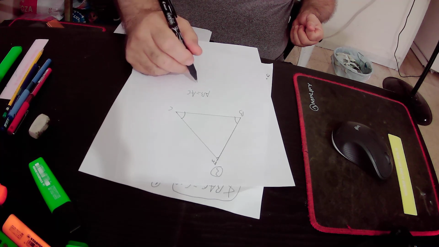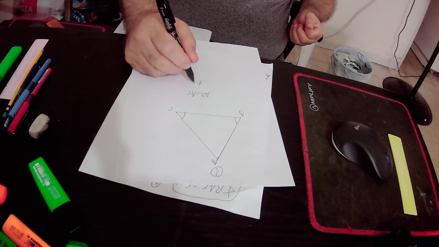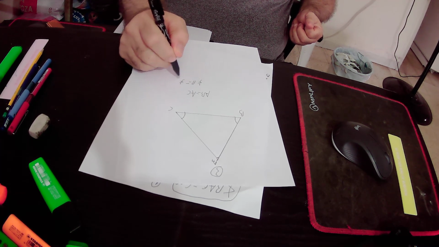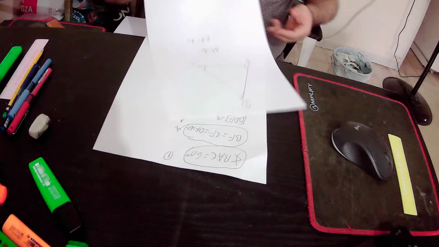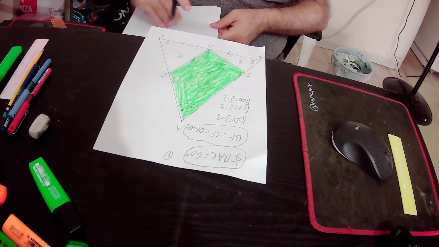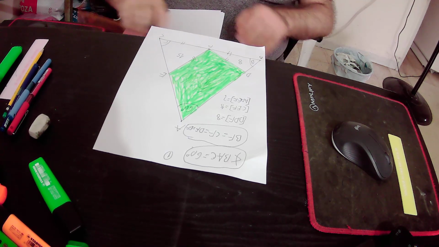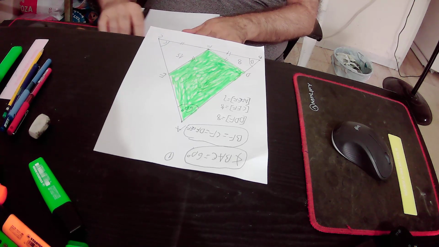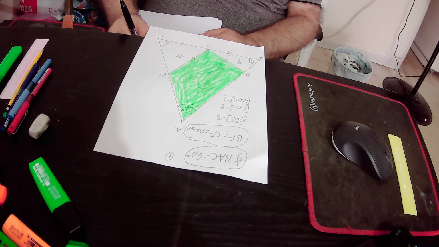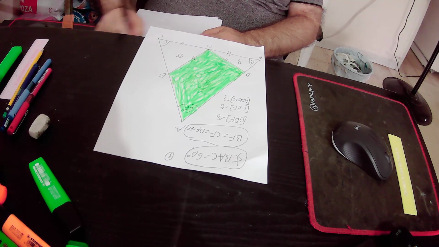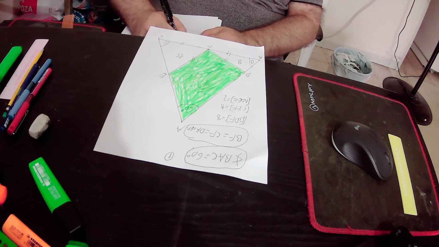So according to rule number 2, angle B will be equal to angle C. Actually rule number 2 states that in front of equal sides in the triangle there are equal angles.